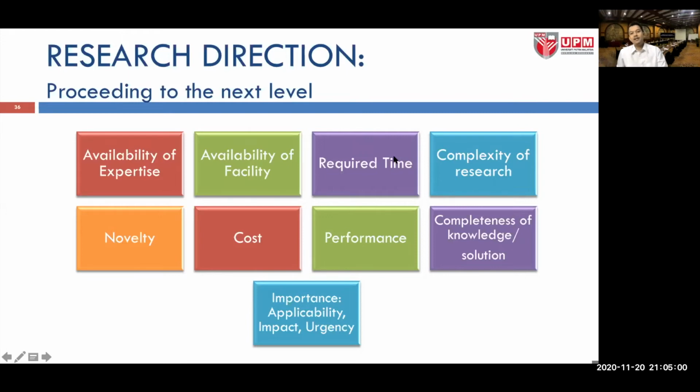Required time. In terms of the Masters of Innovation and Engineering Design, you are given 2 semesters to complete your dissertation, whether your project is sufficient enough to fulfill. That will guide you on how much information you need to compile in terms of complexity of research, completeness of knowledge or solution, whether you're going to find a very novel thing or just solving a few items in terms of the performance, cost, novelty, and importance in terms of applicability, impact, and urgency.